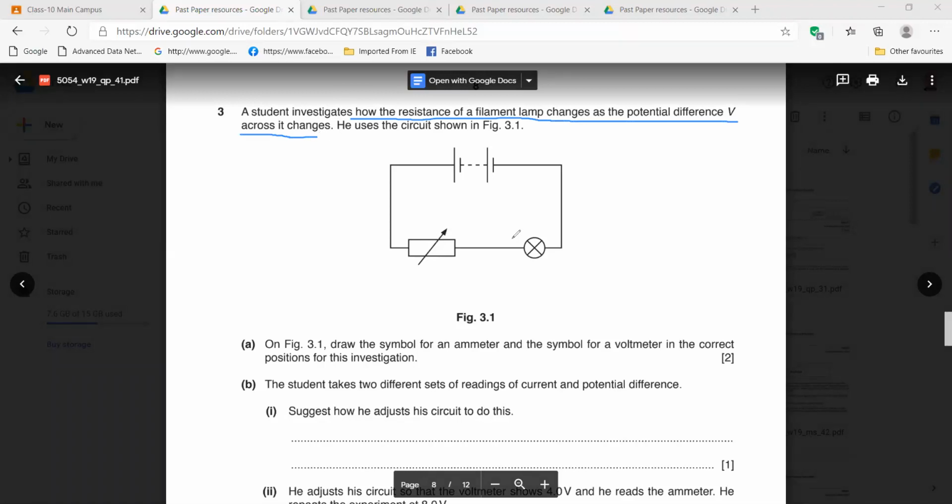So they are talking about this filament lamp, right? And the voltage or potential difference across this voltmeter. You know that potential difference and voltage are the same thing, right?